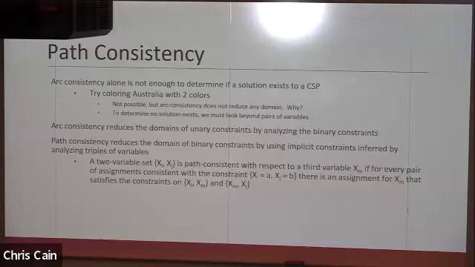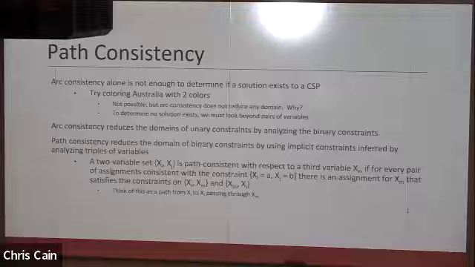So it's just applying that to one more dimension, one more variable. For every possible pair of assignments between those 2, is there an existing value of the third that is legal? So you can also think of it as a path from start to end, going through a middle state.